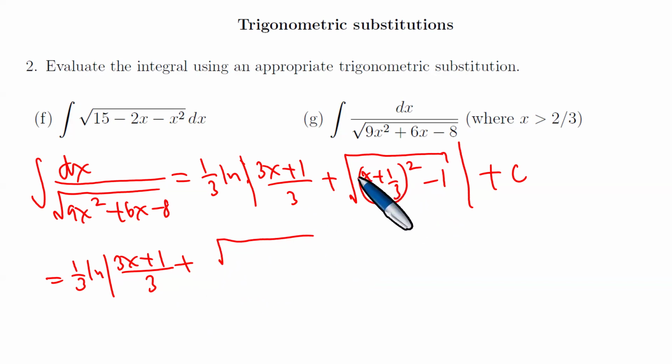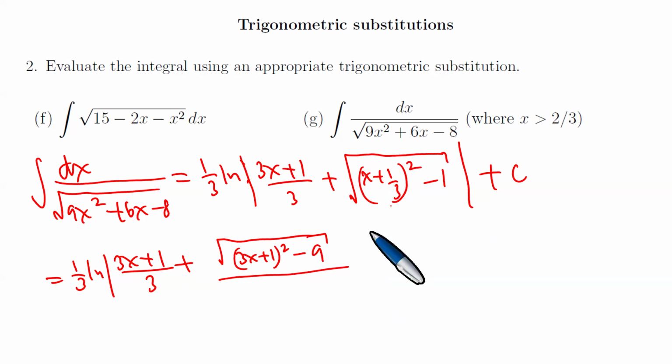So this is 3x plus 1, and then you square this minus 1. But you will then have a 9 here, and the 3 squared is going to be 9, whose square root is going to be 3. So you're going to have exactly that answer.